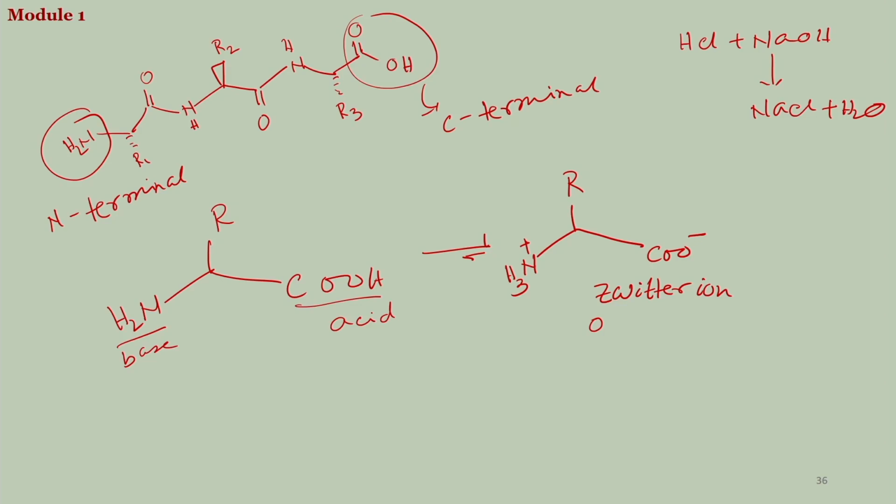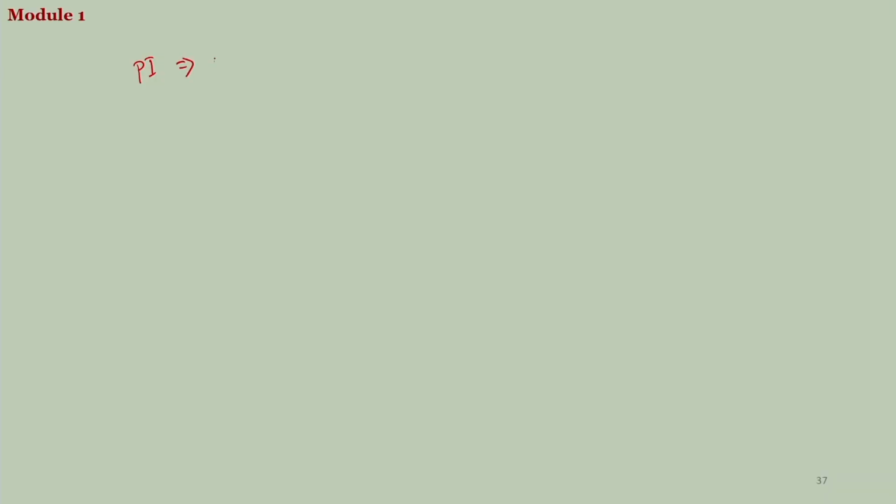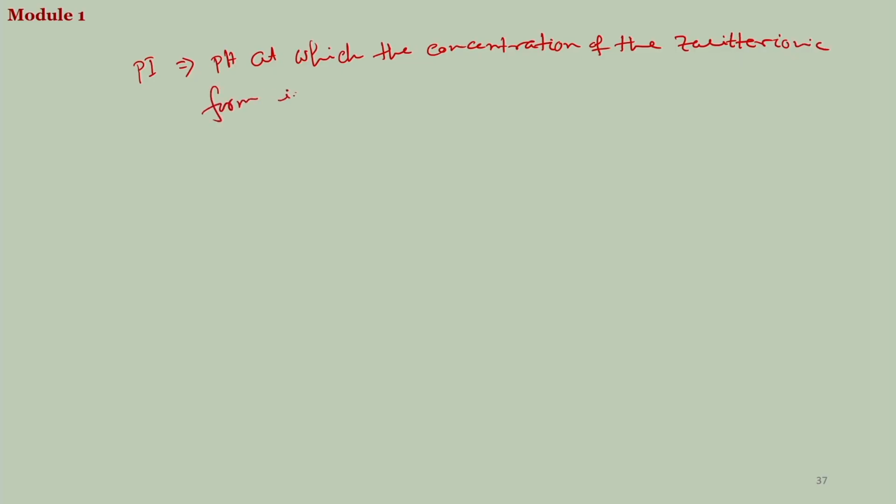It is a characteristic, not a property, of an amino acid, that is known as the isoelectric point, usually represented by pI. So, the isoelectric point is a characteristic of an amino acid that is defined as the pH at which the concentration of the zwitterionic form is maximum.